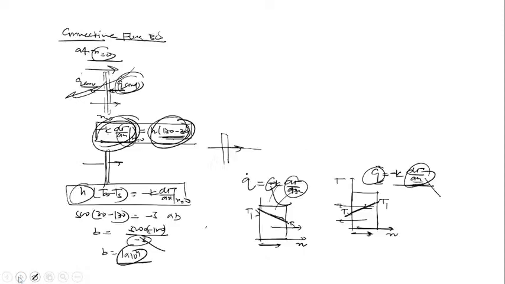B is 10 power 4 x plus C is how much? 1.25 into 10 power 5, it is coming minus, right? Yes, I think it's minus. Okay, minus x square. Yes, this is what the profile is.